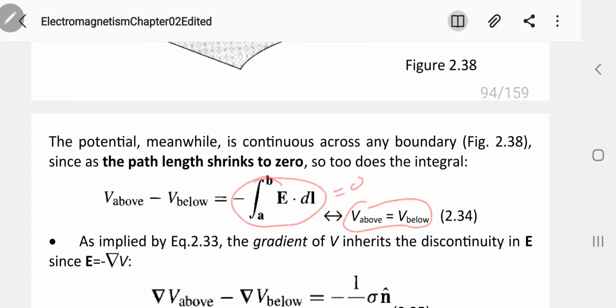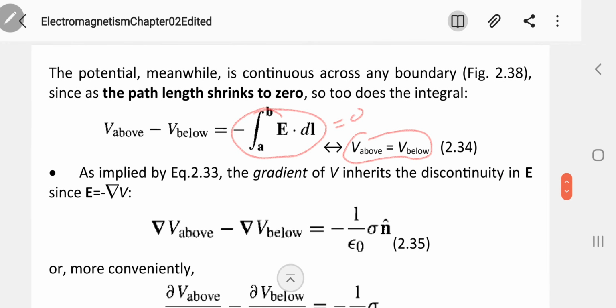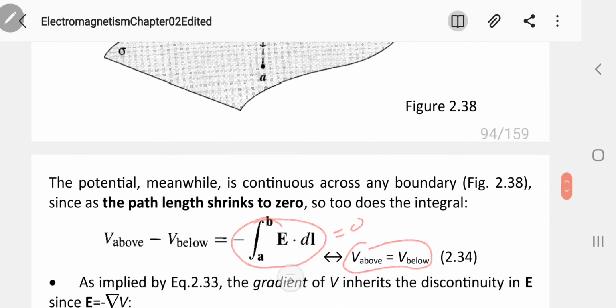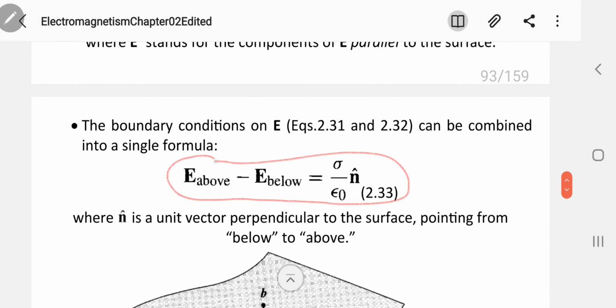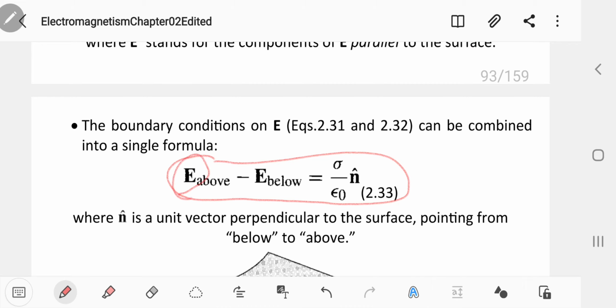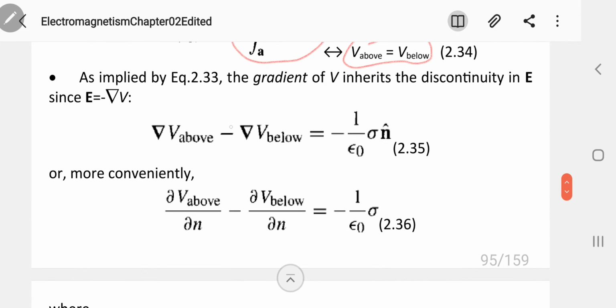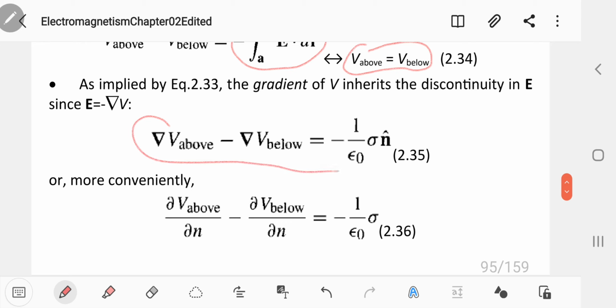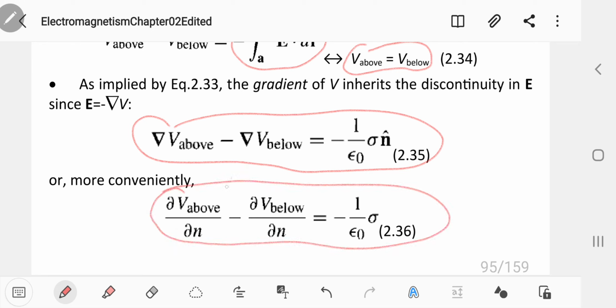So anyway, this is the gradient of V. This electric field is a gradient of V, so you can rewrite that into this one, or this one is more appropriate because the direction of the electric field is just normal to the surface.